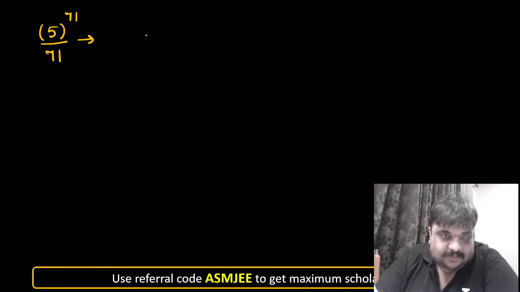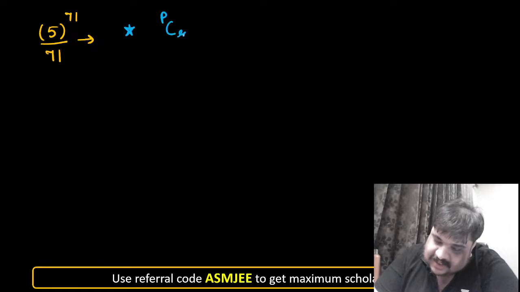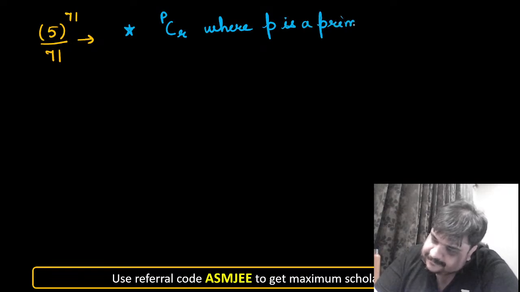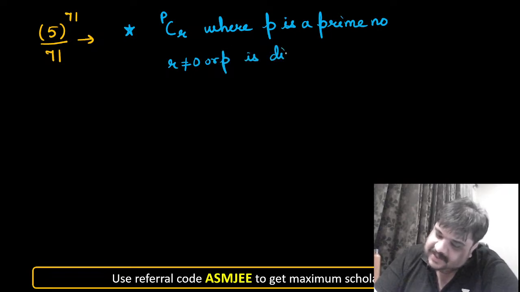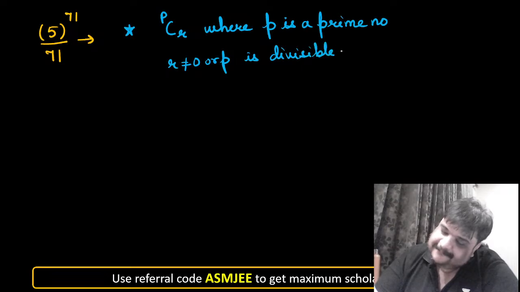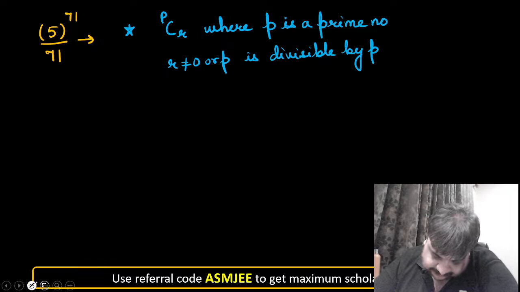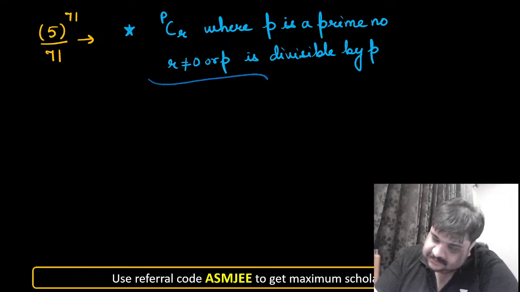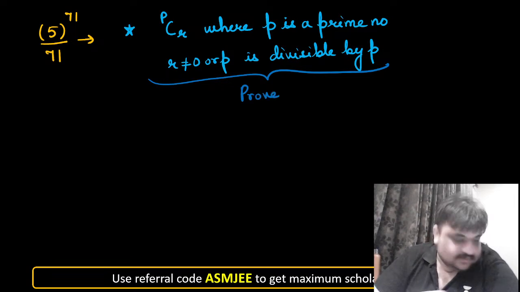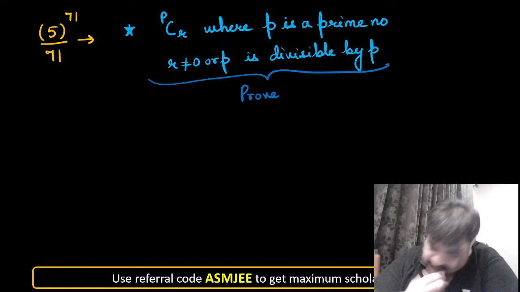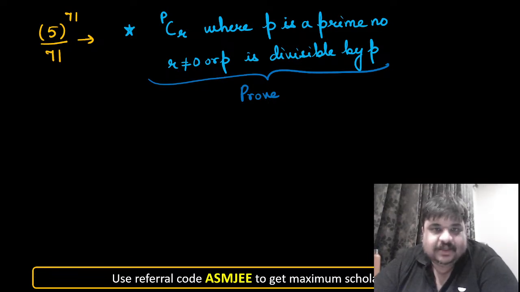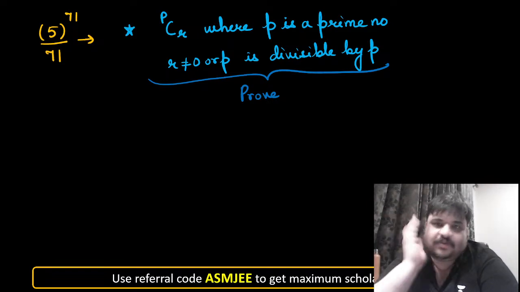This Fermat's little theorem first uses this concept: PCR, where P is a prime number and R is not equal to 0 or P, is divisible by P. First prove this part.